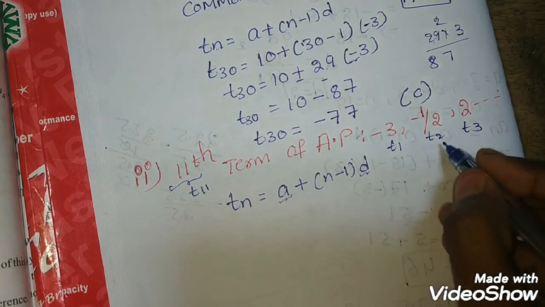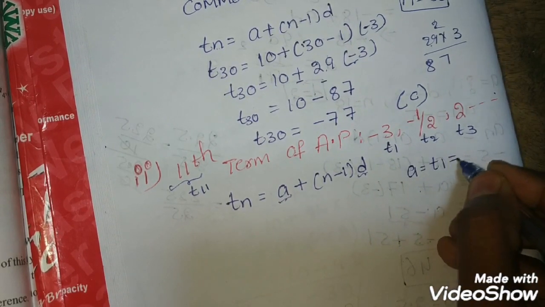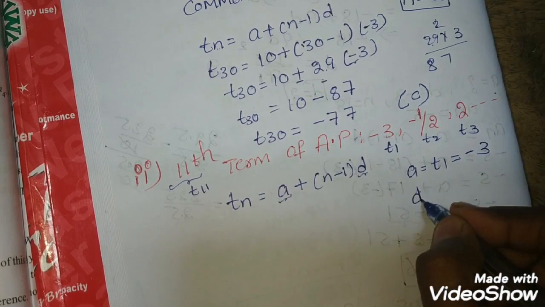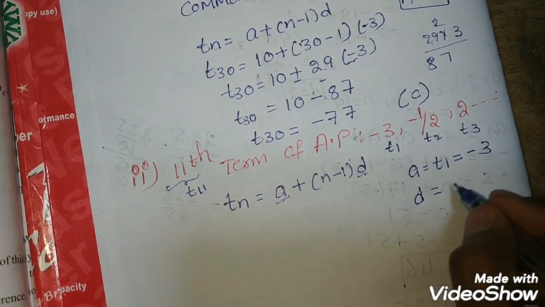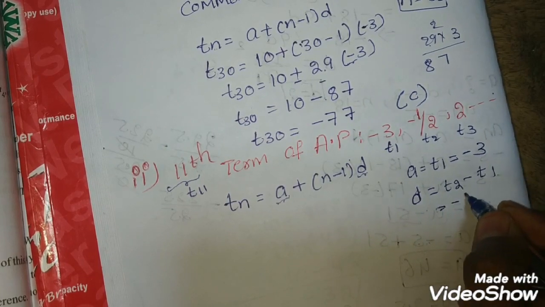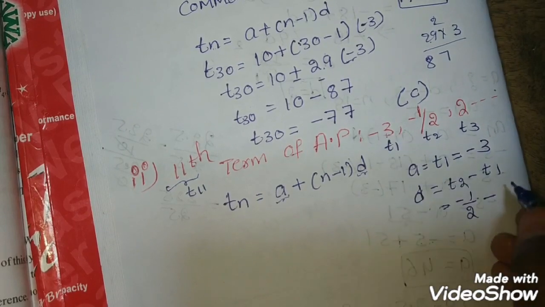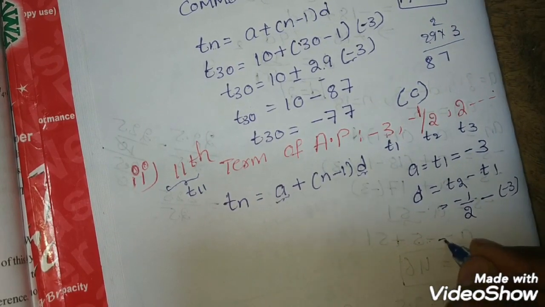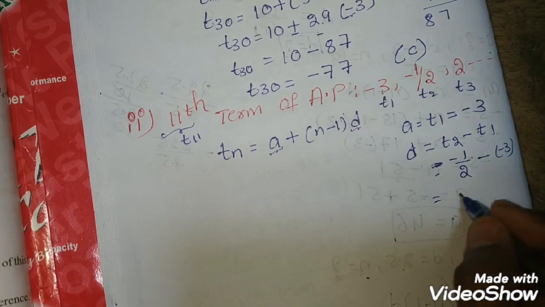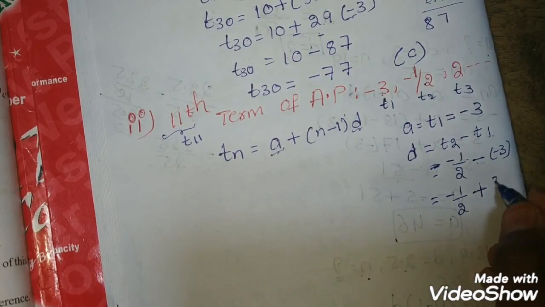Okay, so what is a here? a is equal to term 1, which is minus 3. What is d? d is the common difference, that is t2 minus t1. What is t2? Minus 1 by 2, minus t1 which is minus 3. Again, minus 1 by 2, minus into minus is plus 3.